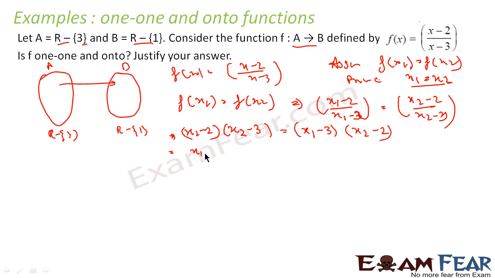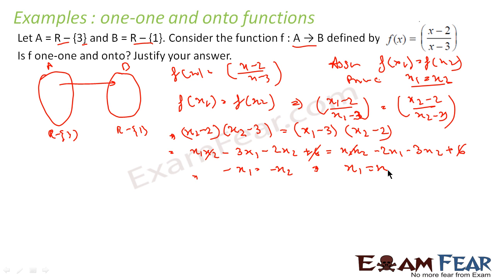Solve this further, you get x1 x2 minus 3x1 minus 2x2 plus 6 is equal to x1 x2 minus 2x1 minus 3x2 plus 6. Plus 6 and plus 6 cancel, x1 x2 cancel. So what you get? Taking x1 to this side, you get minus x1 is equal to minus x2. Correct? Or you get x1 is equal to x2. Thus we have proved that it is one-one.